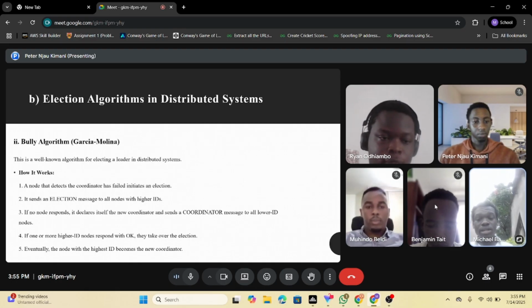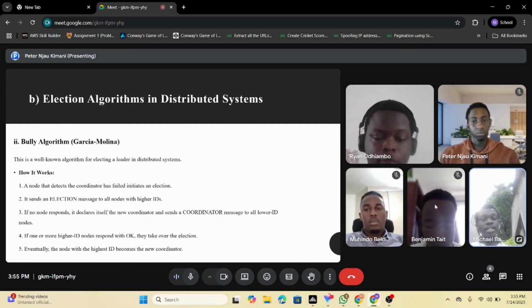It sends an election message to all nodes with higher IDs. If no node responds, it declares itself the new coordinator or new leader and sends a coordinator message to all lower ID nodes. So remember, the election message goes to the higher ID nodes, and if there is no response, we send a coordinator message to all lower ID nodes.